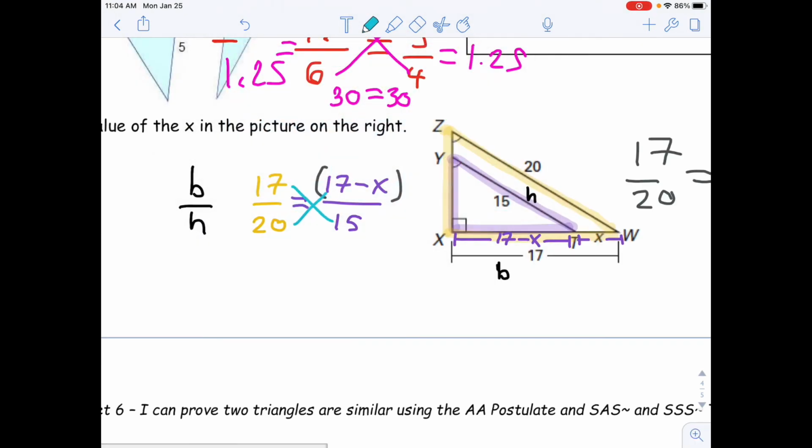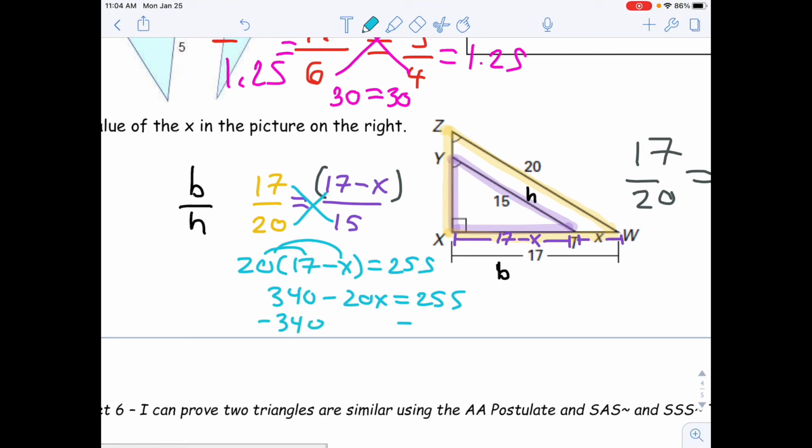Okay, and then I got kicked out because I ran out of storage, but I fixed it. So cross multiply, finishing this problem super fast. But nonetheless, then we got to distribute. We get 340 minus 20x equals 255.